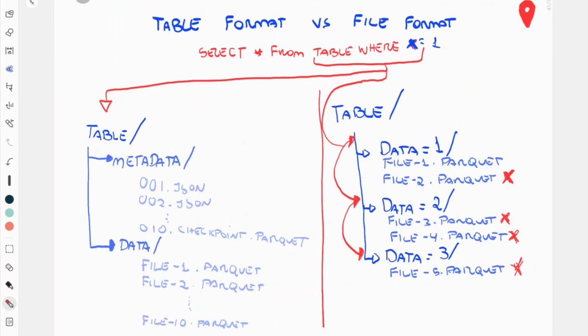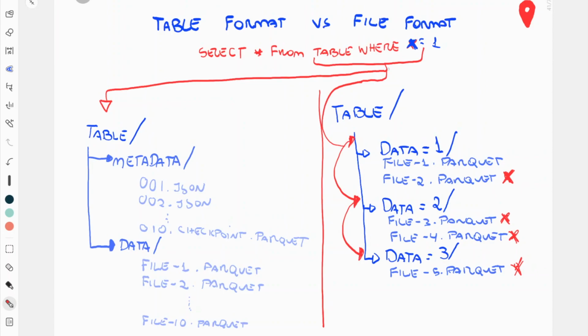And when you have a table format, the framework has access to all of its files, and it has engines that already do that for you and make queries optimized. So you don't have to go through all of this manually, because the framework probably does something like that.